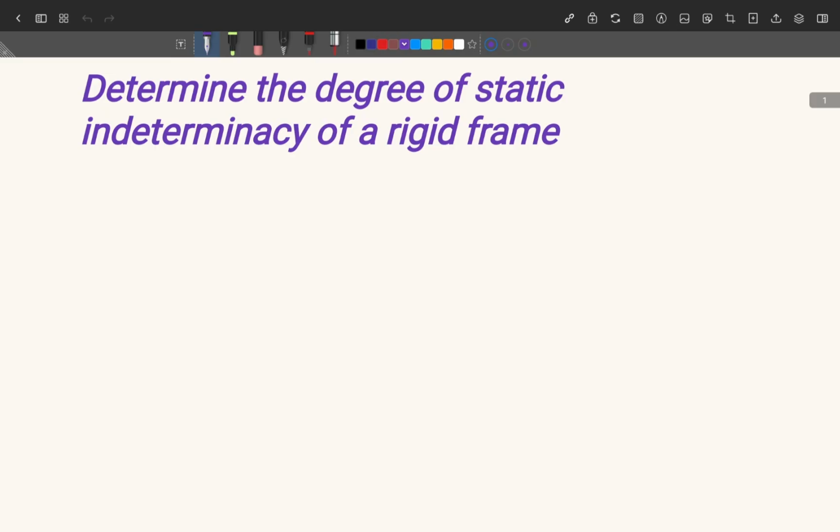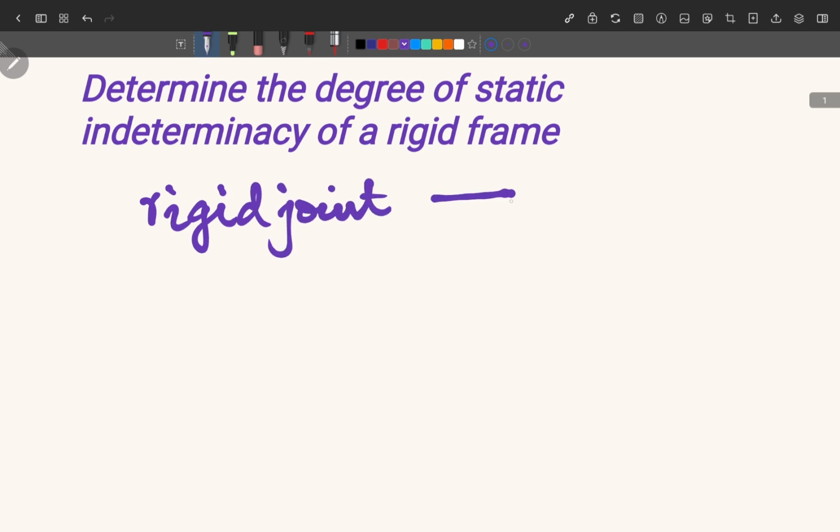So for the rigid joint, we can say that this will be having the angle unchanged. If the angle initially, that means before loading, was 90 degree, then after loading also it will remain as 90 degree angle.